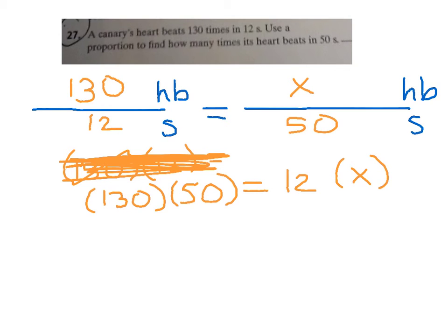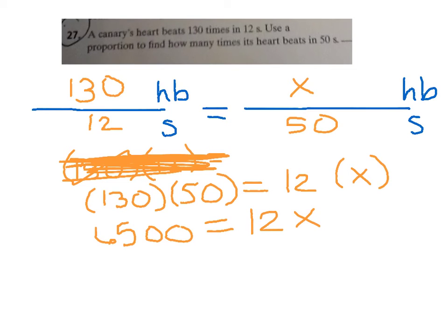All right, so let's go ahead and do 130 times 50. That's going to give us 13 times 5 is 65, and then I have my 2 zeros, so my answer has to have 2 zeros in it. So there we go. We end up with 6,500 is equal to 12 times x.